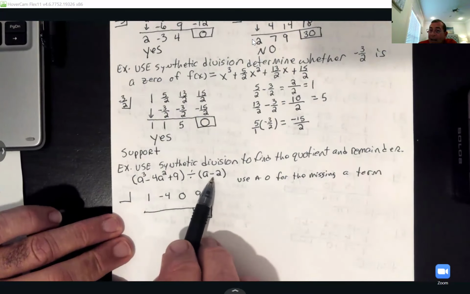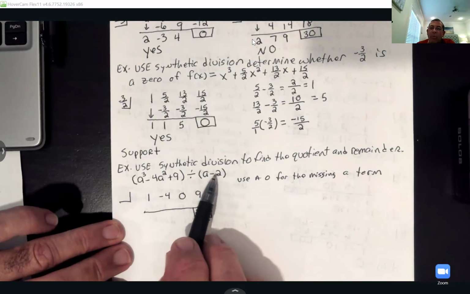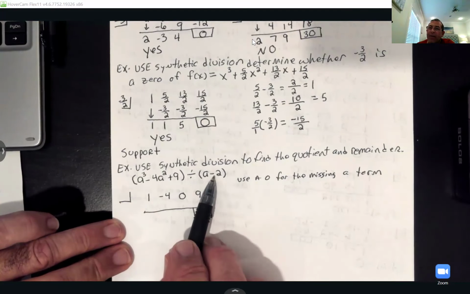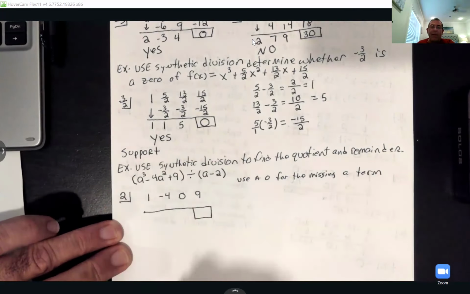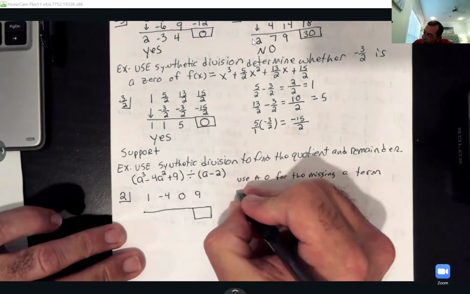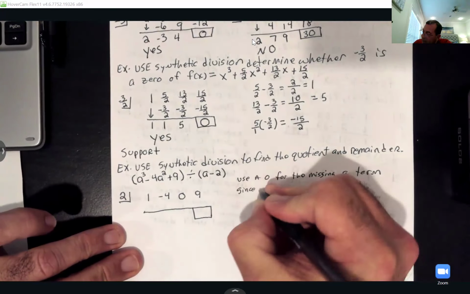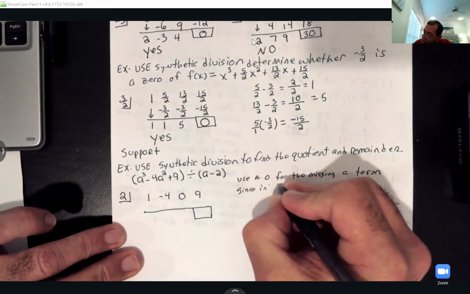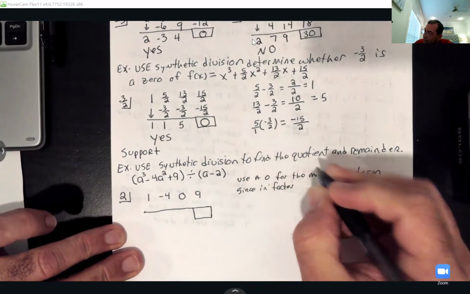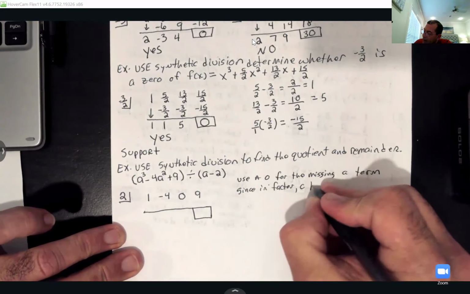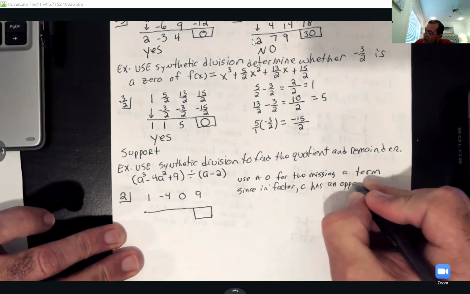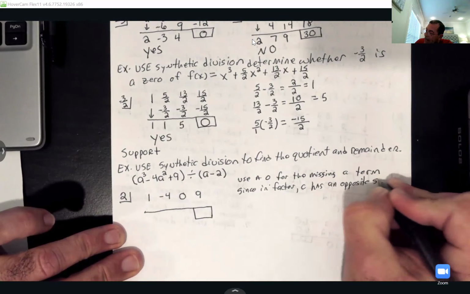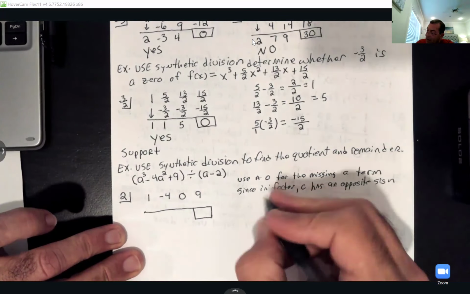Since it's in factored form, the C will be opposite the sign of this number. So since this number is a -2, our C will be a +2. So since in factored form, C has an opposite sign than the factor.